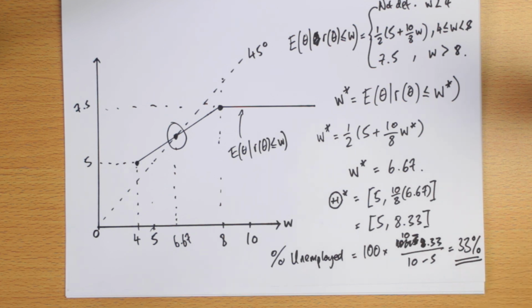It's the very best, the most productive people in this economy that are not being employed. The lemons are being chosen by the market mechanism, while the most productive types are simply unemployed by not being selected in this market, which is why we call it adverse selection.